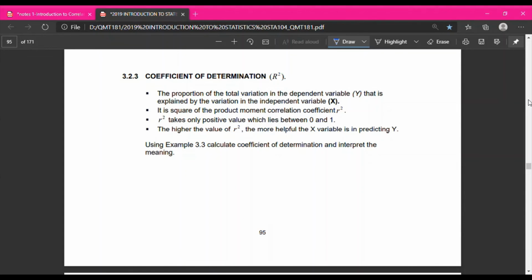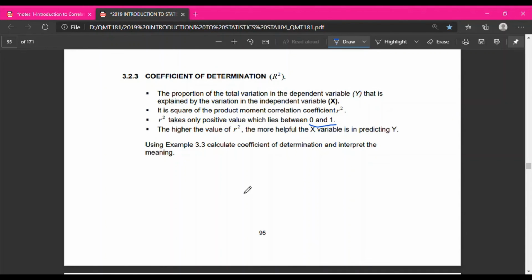So we take the value of r and square it to get r square, and multiply by 100 because we want to express it as a percentage. The value of r square lies between 0 and 1. It cannot be negative, because we square the value of r. Even if r is negative, the value of r square will be positive.